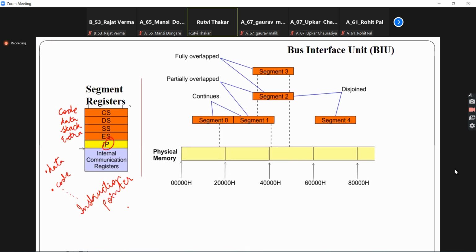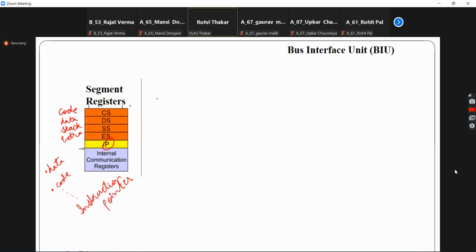So now, what I want you all to understand is, I have to start with some of the coding to make you understand. MOV AH, 26 hex. MOV BH, 3A hex. ADD AH, BH.